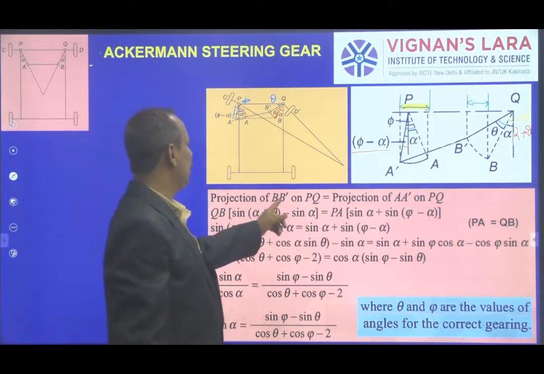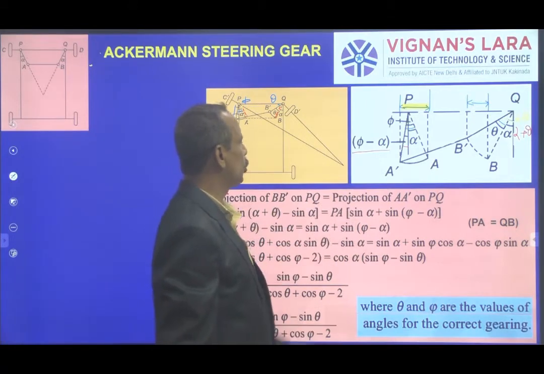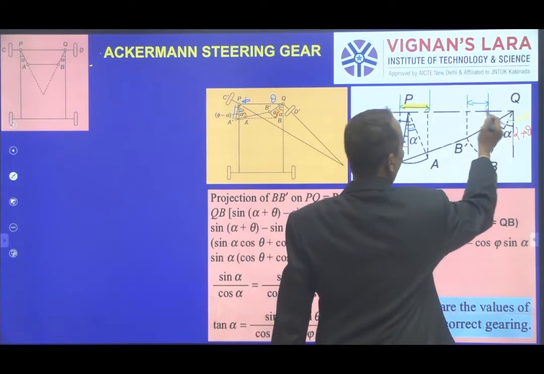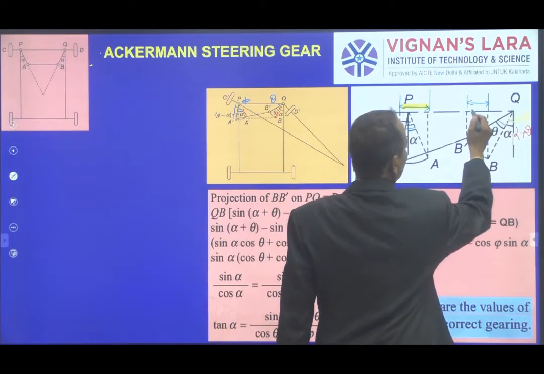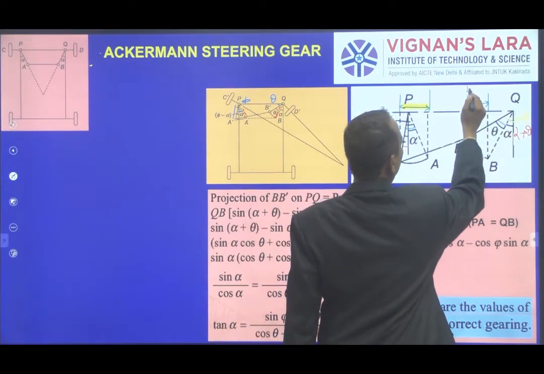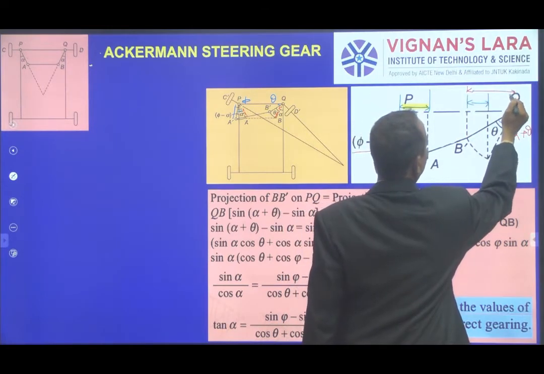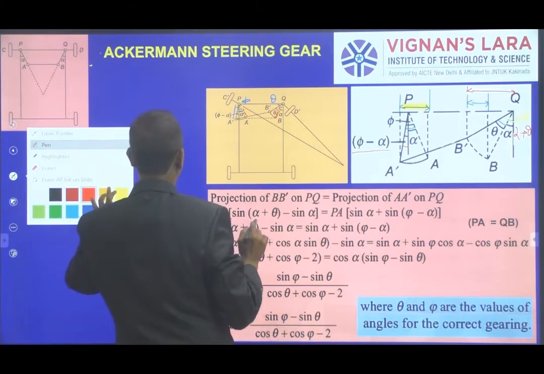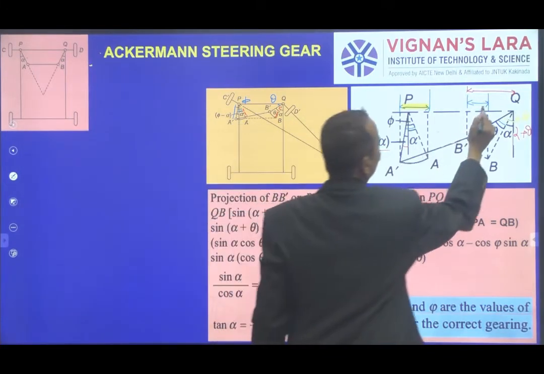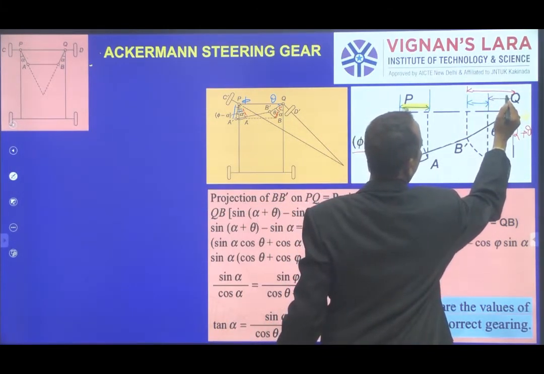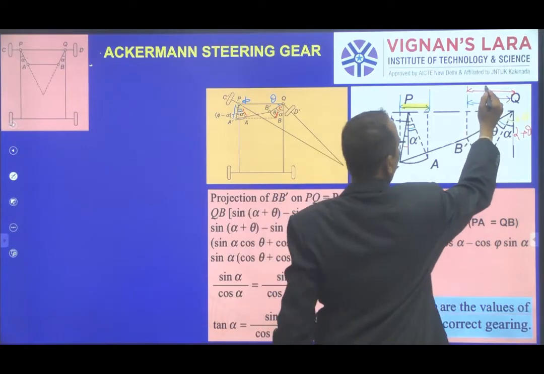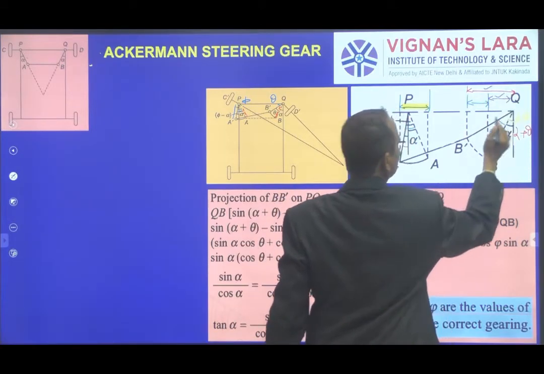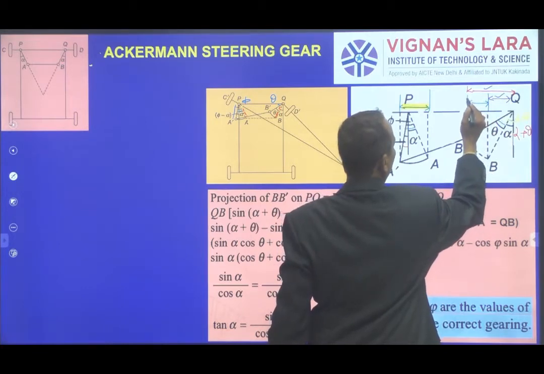Look at the BB dash projection on PQ. So how can I get this value? Suppose if I know this and if I know this, then if I subtract this from this, I get this net value.